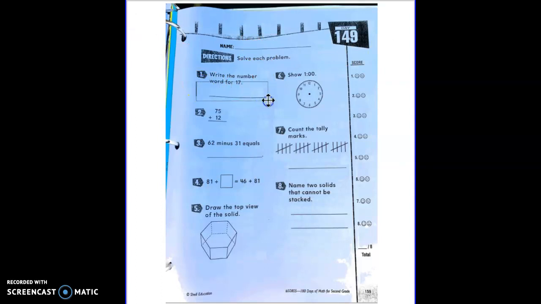That looks like this. 75 plus 12, so 5 plus 2 is 7. 7 plus 1 is 8. 62 minus 31, so if I write this off to the side, 2 minus 1 is 1. 6 minus 3 is 3.